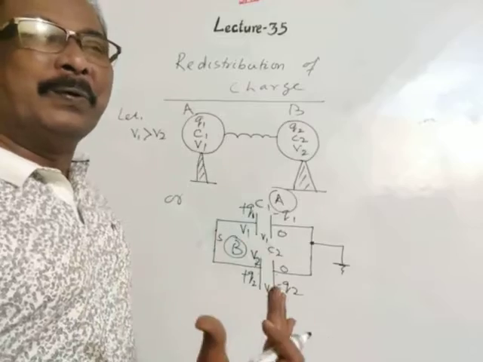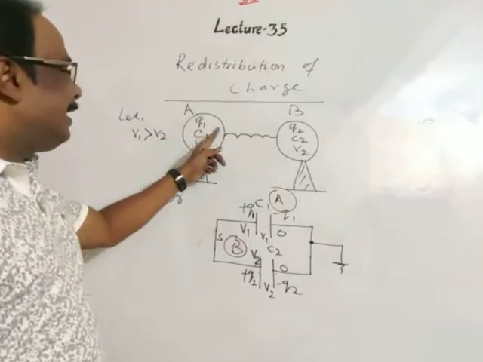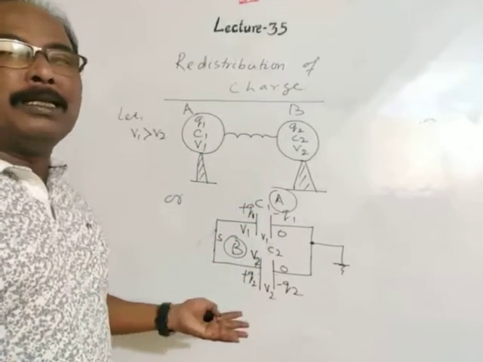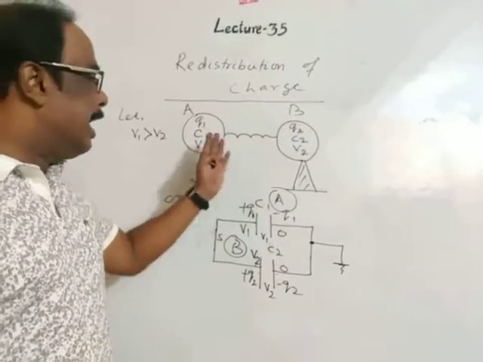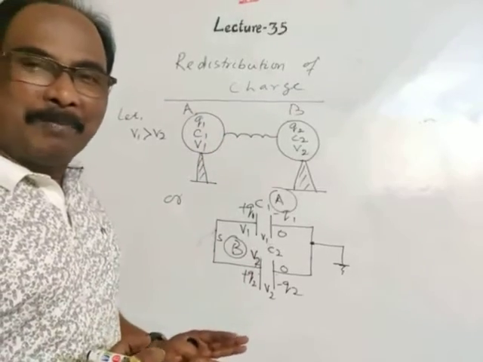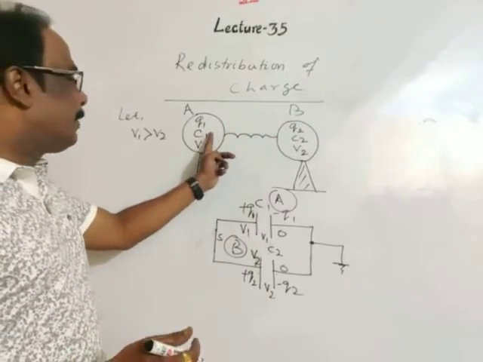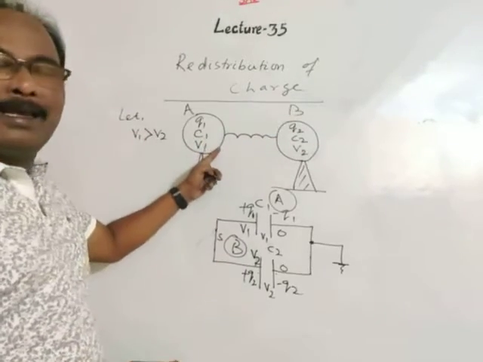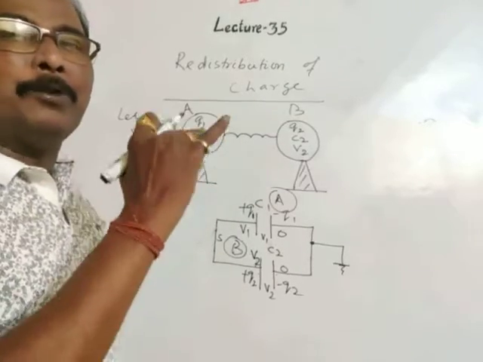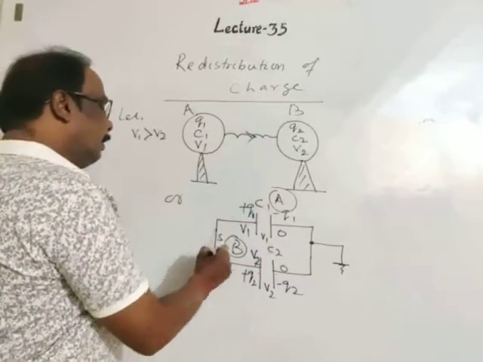Then, as we know, if two bodies are at different potentials, V1 greater than V2, and are brought in contact by the help of a conducting wire, then charge will flow from the body at high potential, A, to the body at low potential.